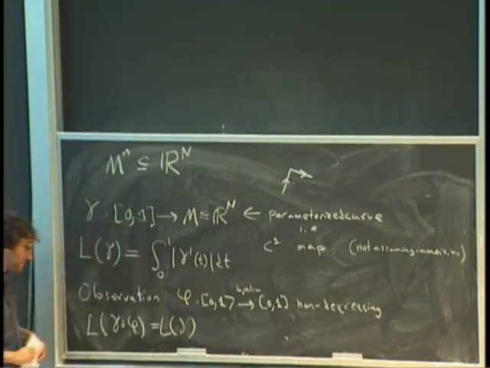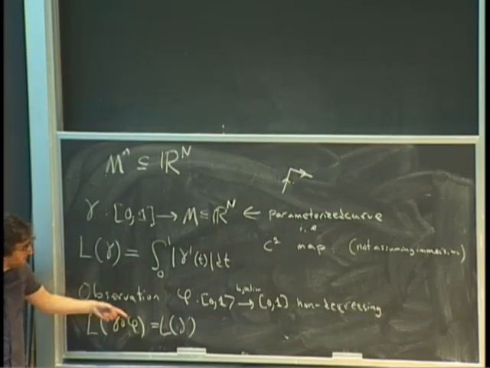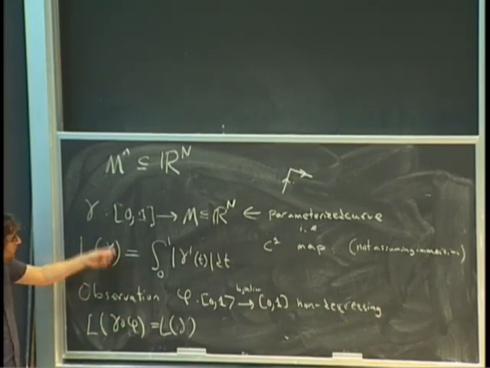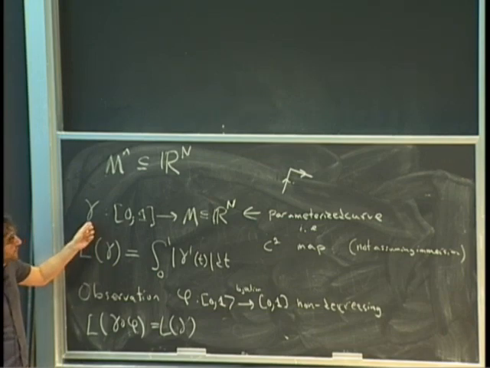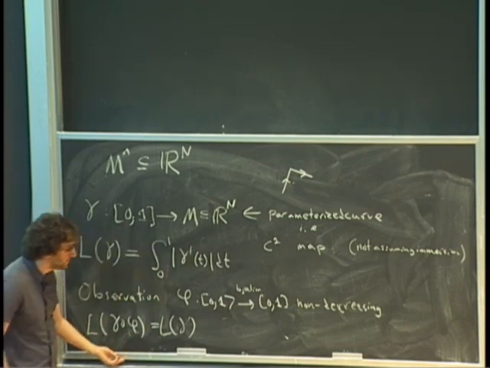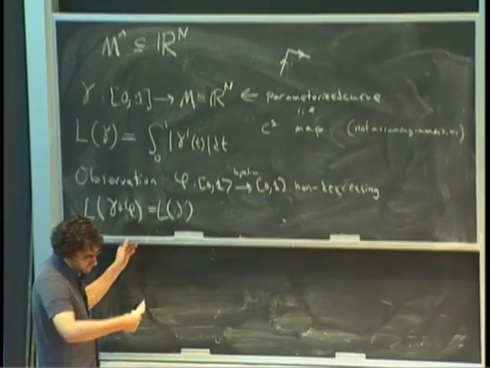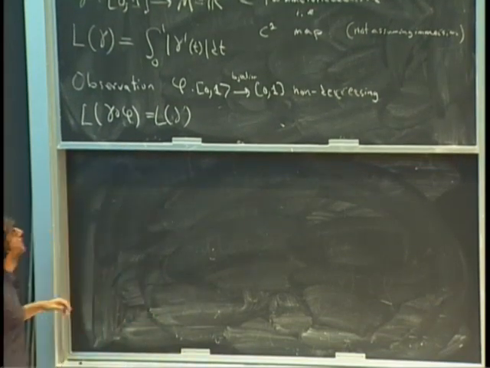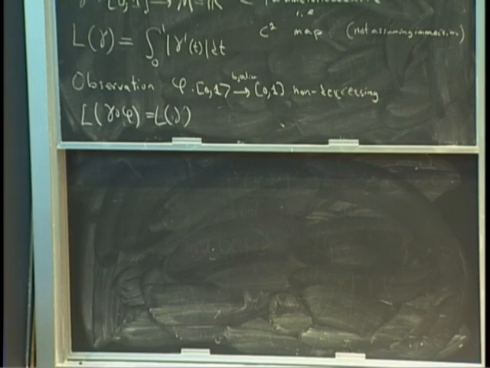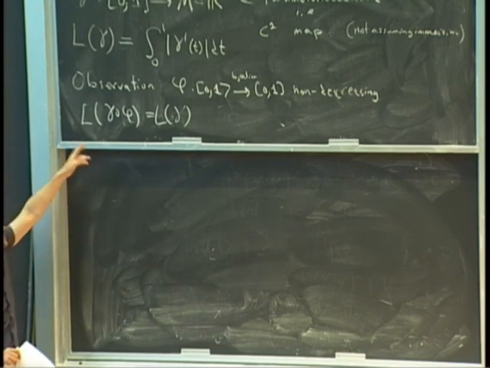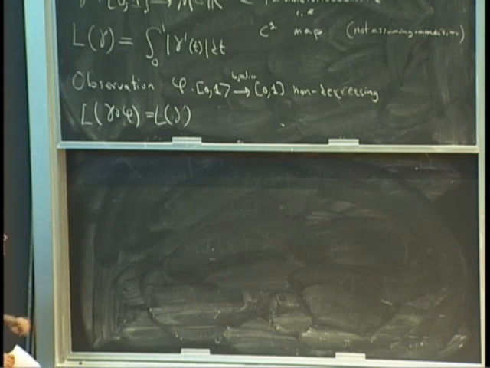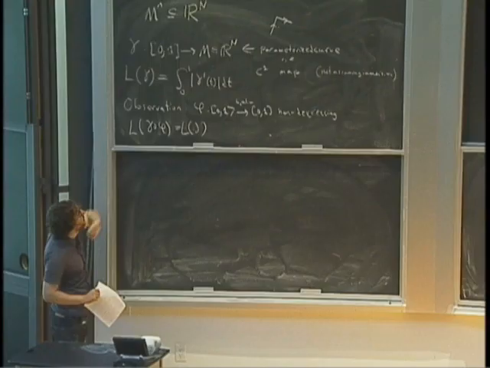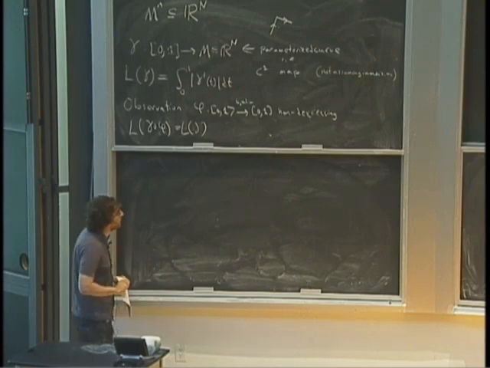The point is that really this length is a functional not of the parametrization but of the image. This tells us that if we want to study this functional from a calculus of variations perspective, we're going to have a lot of trouble if we think of it in terms of these parametrized curves.